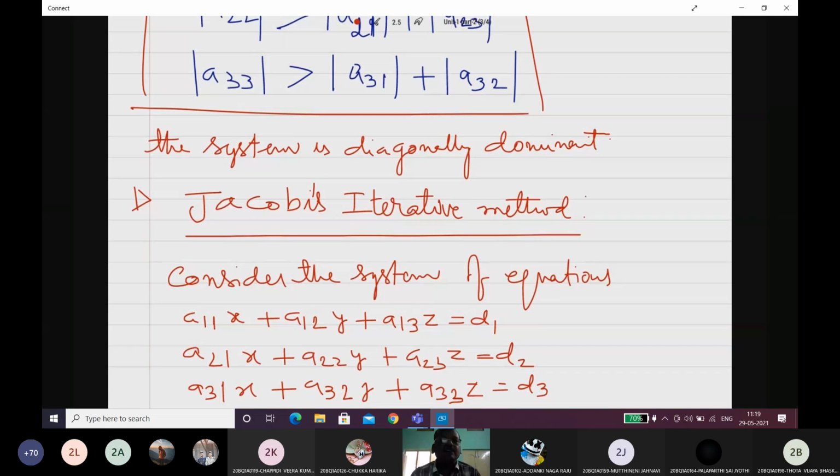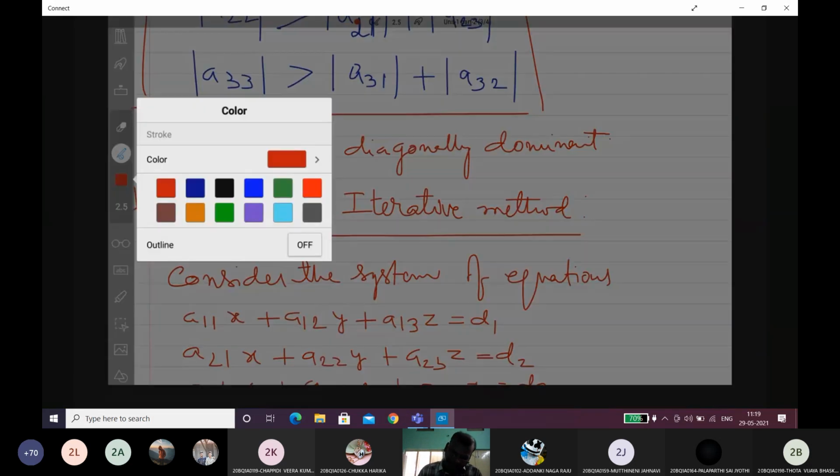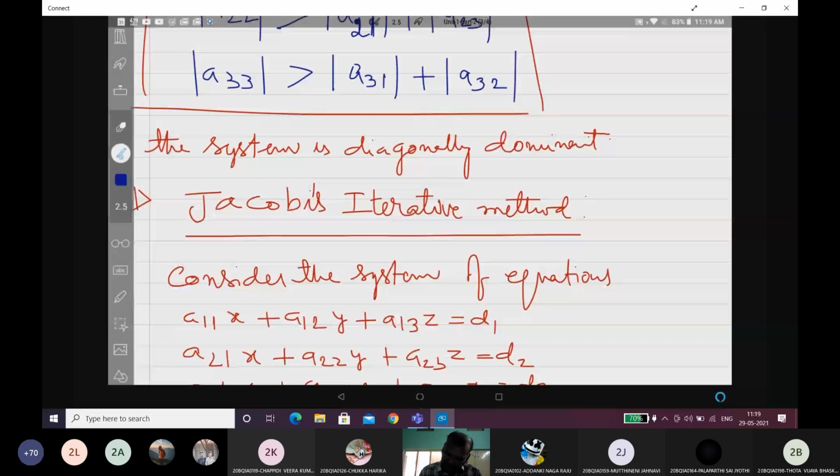Now, first of all, we have to check for diagonally dominant. That means these are the elements in the diagonal. Check for the diagonally dominant.